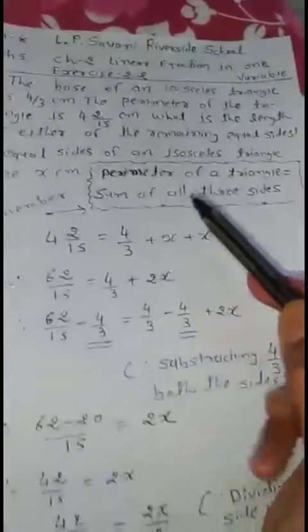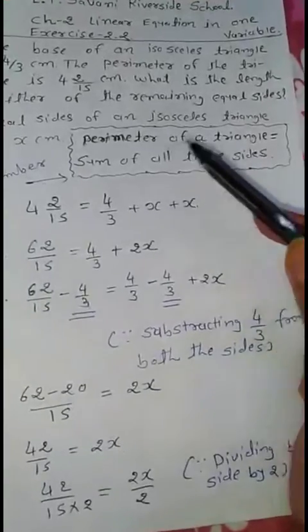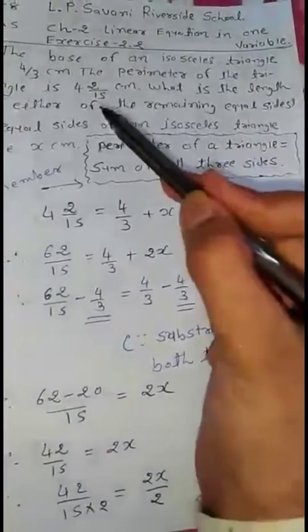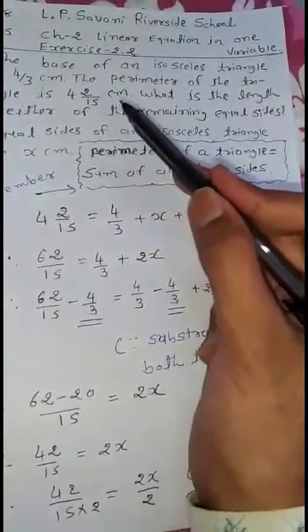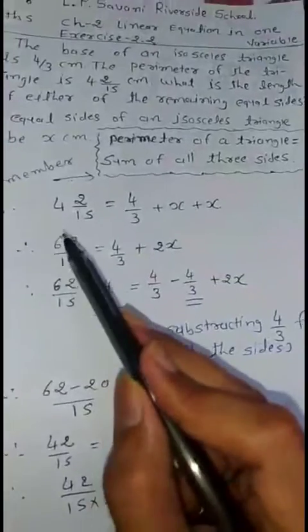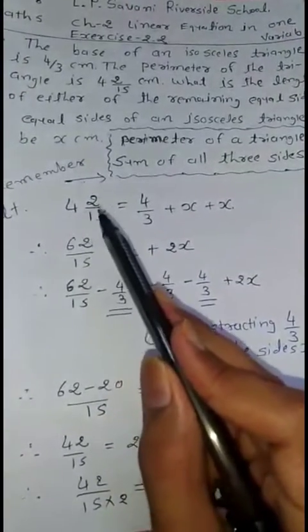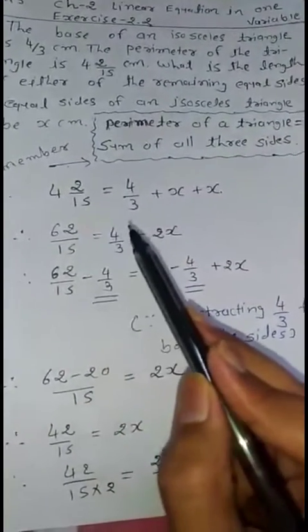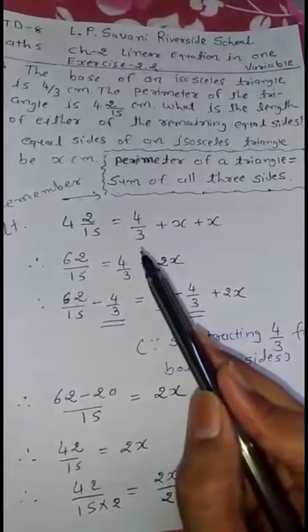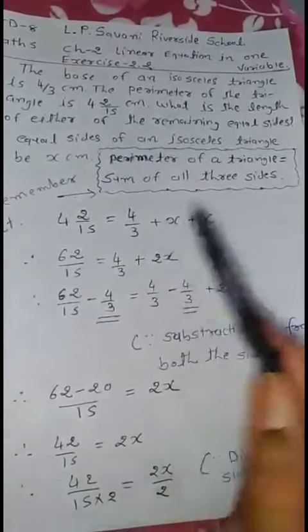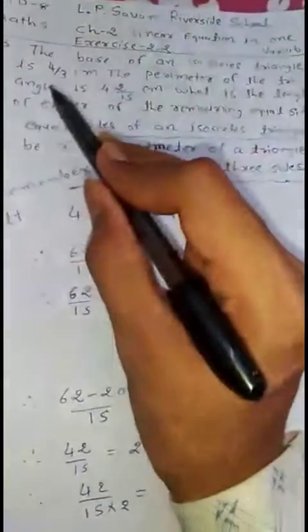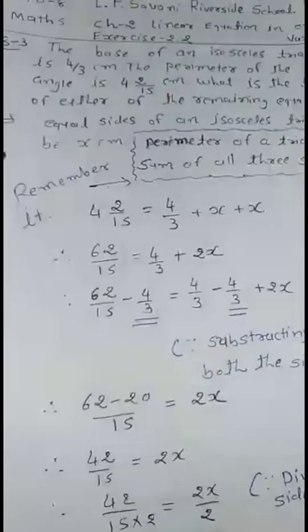Here the perimeter of a triangle is equal to 4 into 2 upon 15 centimeter. So 4 into 2 upon 15 centimeter is equal to our first side of the triangle, 4 upon 3, which is given in the question.